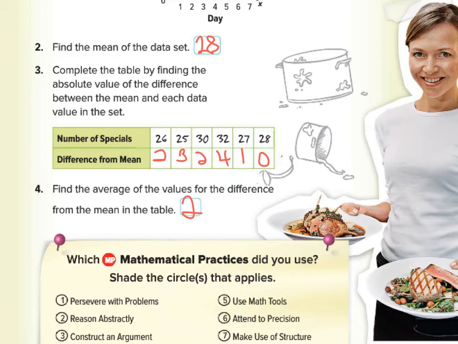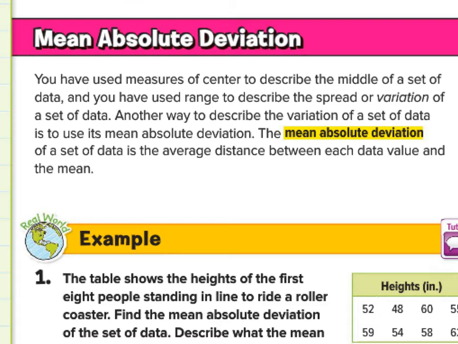So essentially there is an average range of about 2 from the average of all the specials. Now, what do we mean by mean absolute deviation? So essentially what we just did, we find the mean and we find an absolute value or an absolute deviation. How far does it deviate from the average?